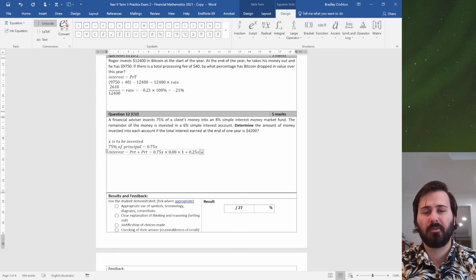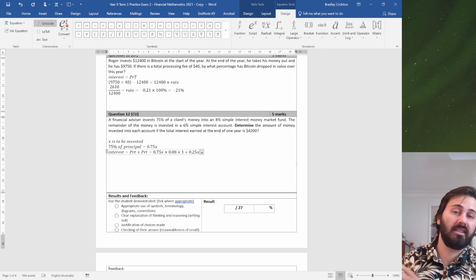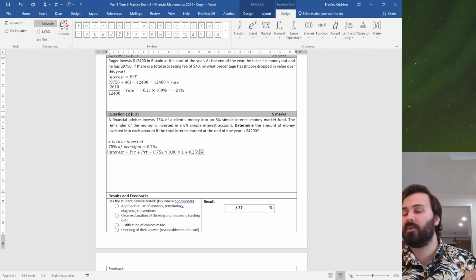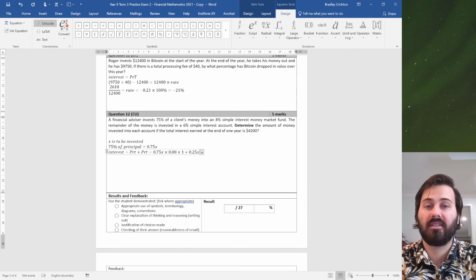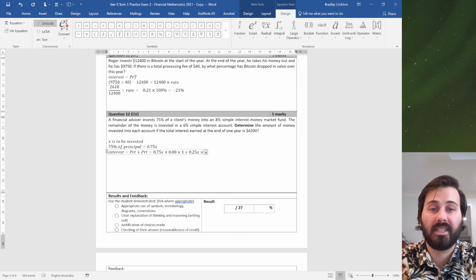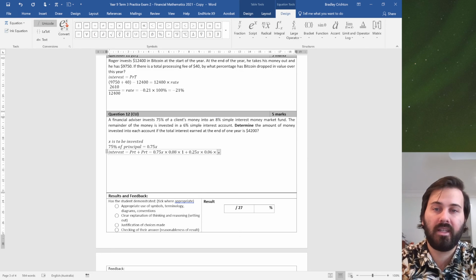Where do I get 0.25 from? Well, 75% of the money was invested in the first account, so there's only 25% left in the second account. So 0.25x times the rate of 6%, which is 0.06, times 1 year.